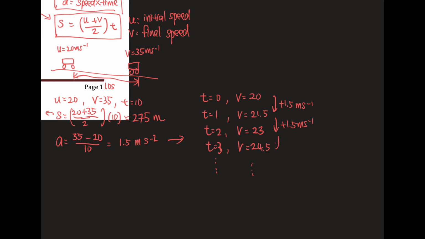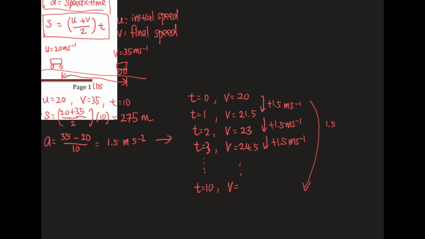So then you should expect after 10 seconds, our case is 10 seconds, it should have increased by 1.5 times 10, which is 15. So increase by 15 meter per second already.